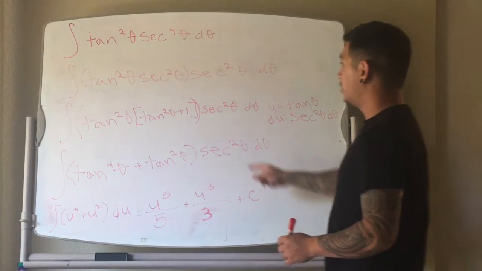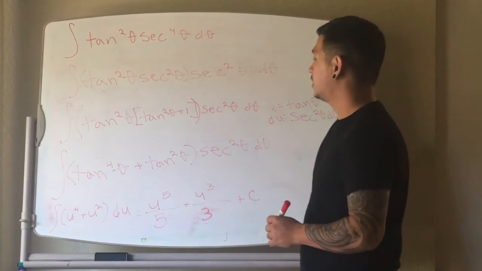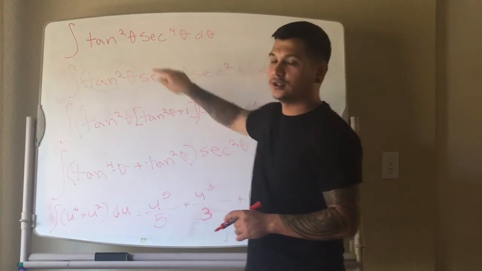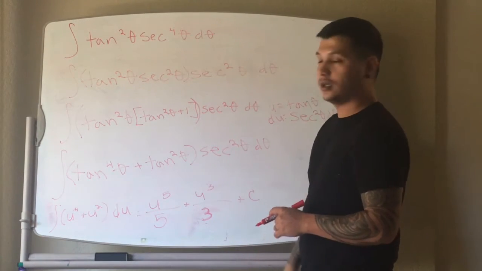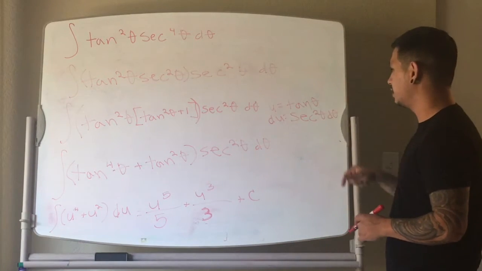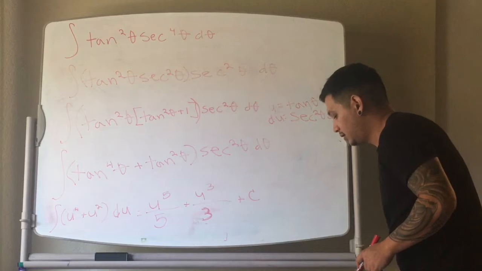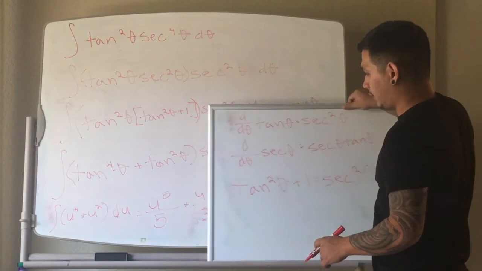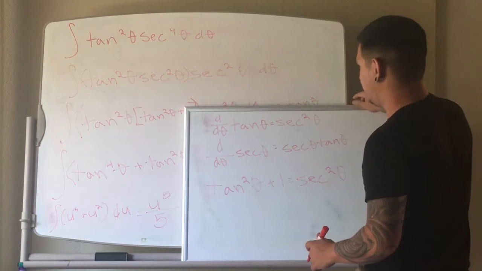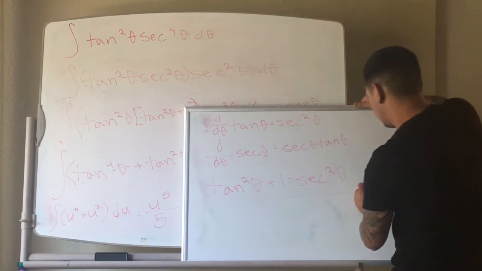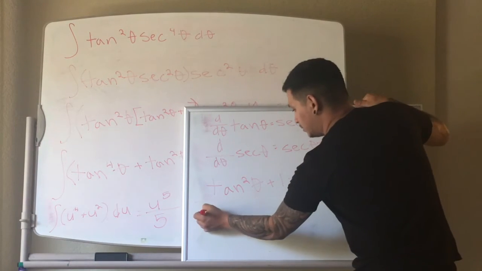And there you have it. But we started off with trig functions, and we're in u. So let's go back. Whatever u is, we're going to plug in for tan theta. So u to the 5th, u is equal to tan theta, so this becomes tan to the 5th theta over 5 plus tan cubed theta over 3 plus c.